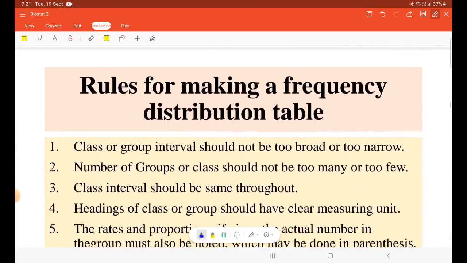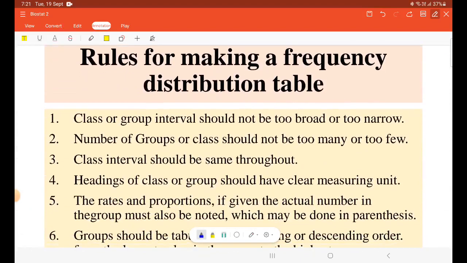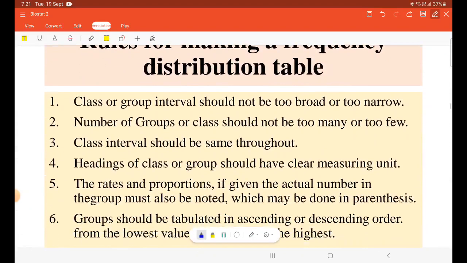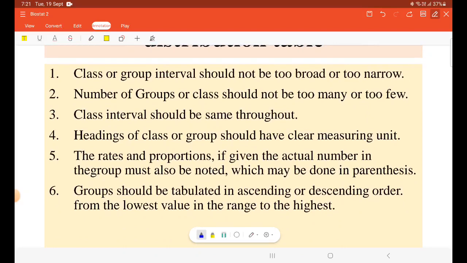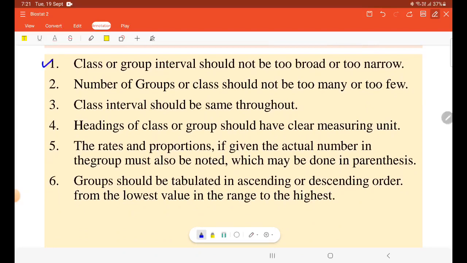Right? Rules of making a frequency table: the class or group interval should not be too broad or too narrow. Something meaningful should be used as the group interval. The number of groups or classes should not be too many or too few. Too many stratifications will make it very similar to the master table itself.